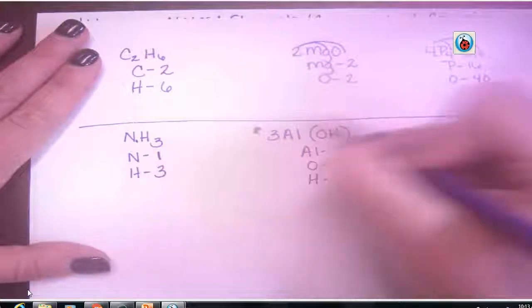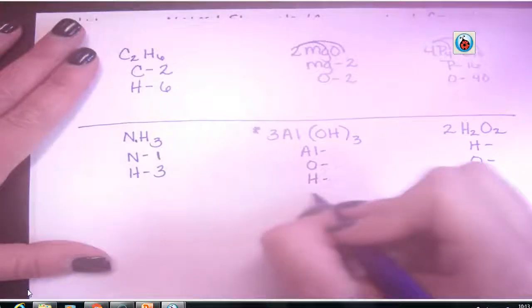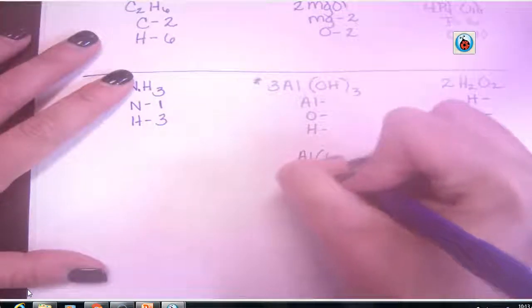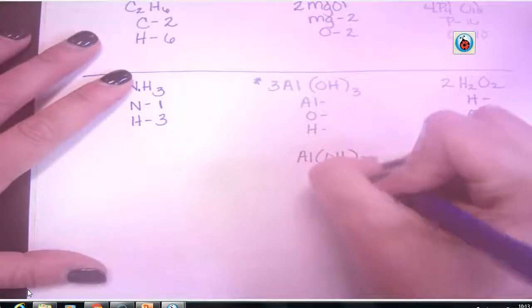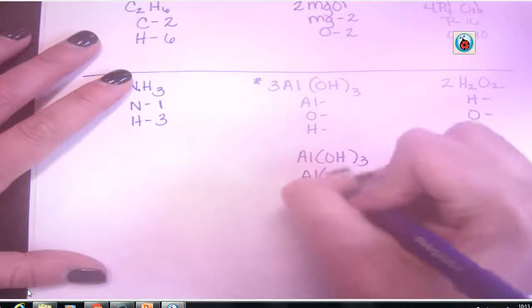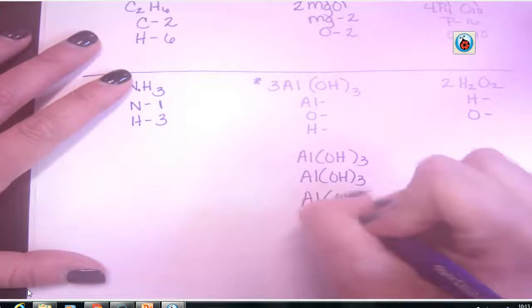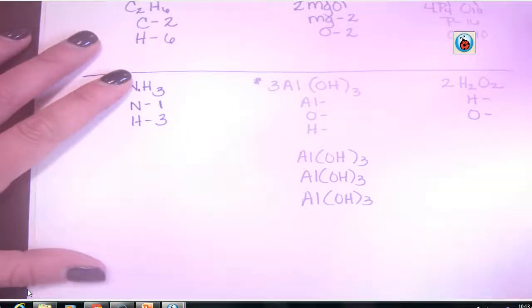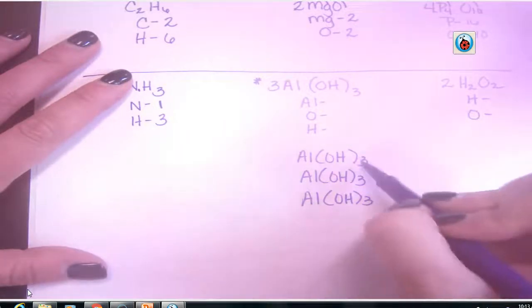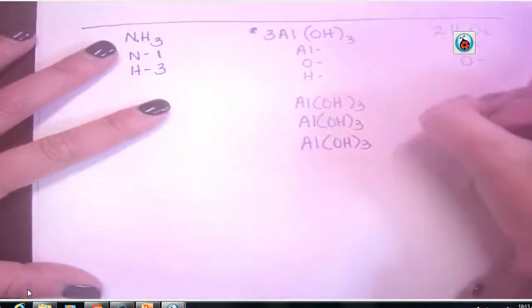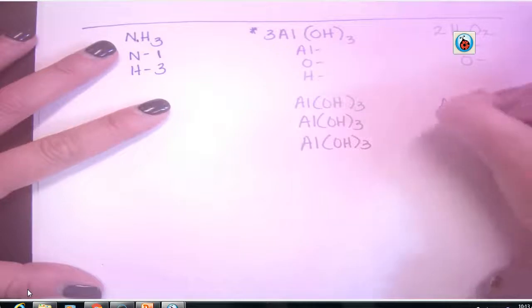For this one with the parentheses, this is like saying that there are 3 of these. So there's AlOH3, AlOH3, AlOH3. So the tricky thing is this 3 means that there's 3 of those. So if I wanted to draw that molecule out, I would draw it like AlOH, OH, OH.